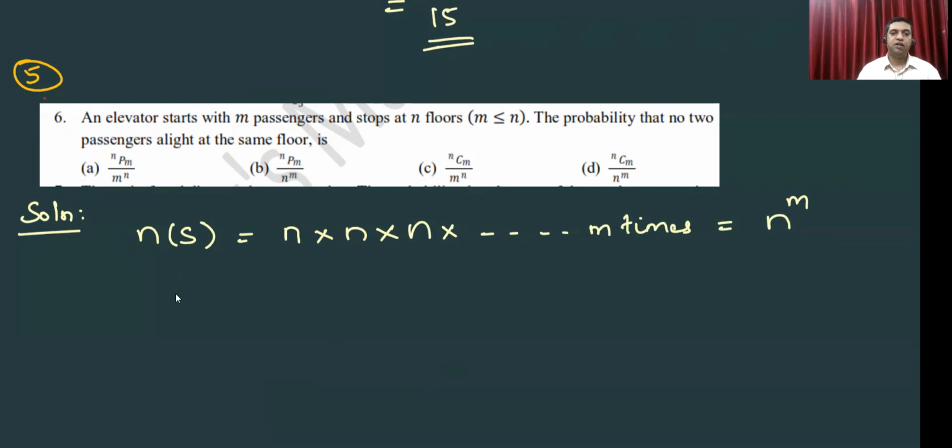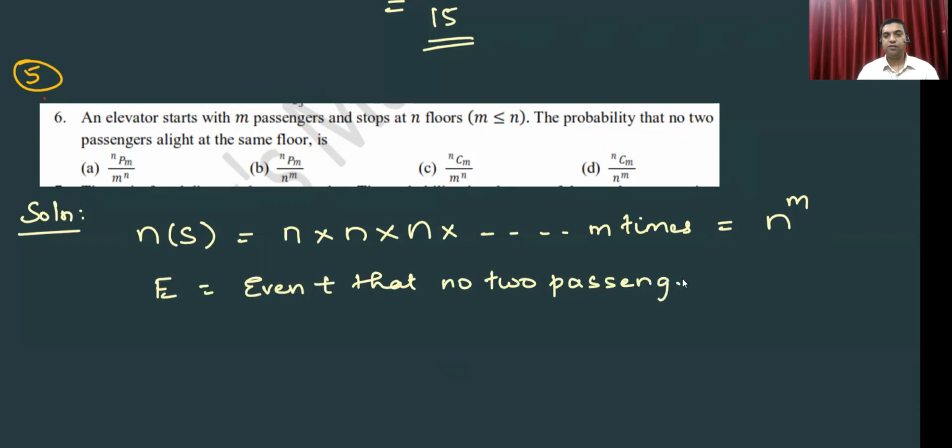Now, E is the event that no two passengers alight at the same floor.